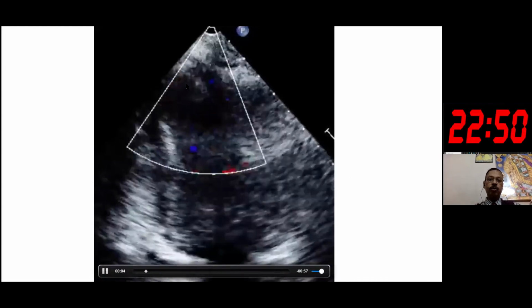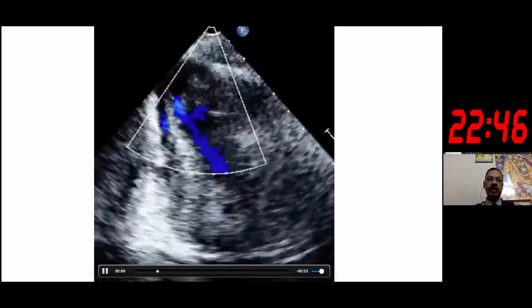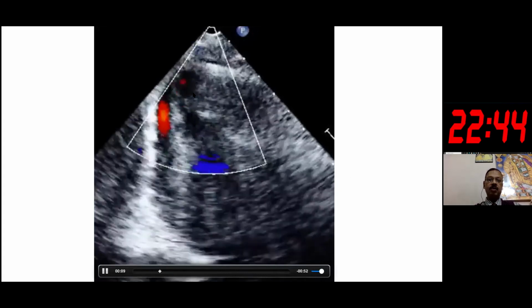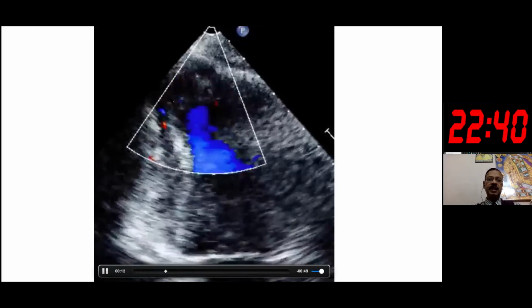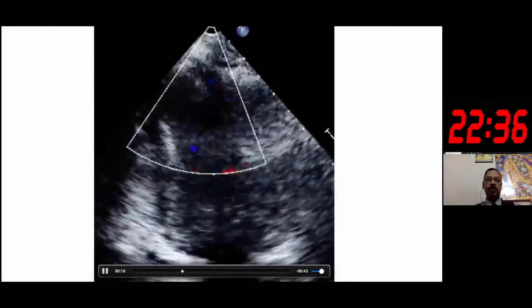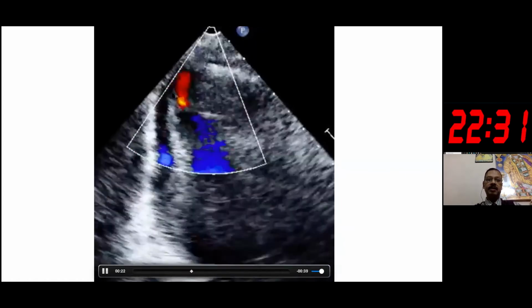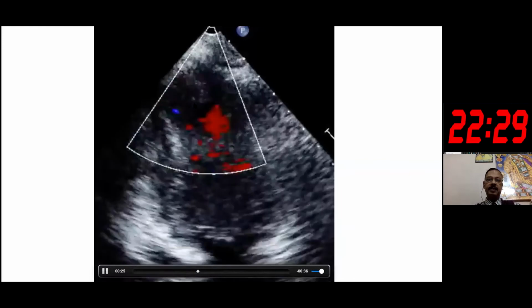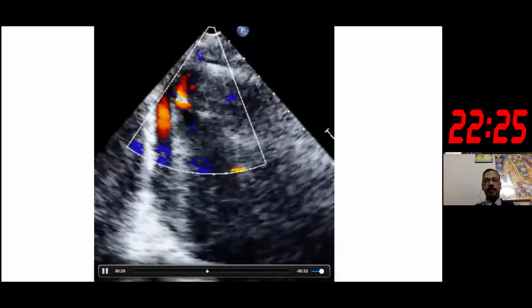I have actually put the color Doppler to show this is actually a thrombus. There is nothing in the RV, and the ventricular septum is absolutely intact. You can see on both sides of the septum there is a beautiful color flow and nothing is crossing along the septum. And this is the thrombus I have intentionally outlined by the color.